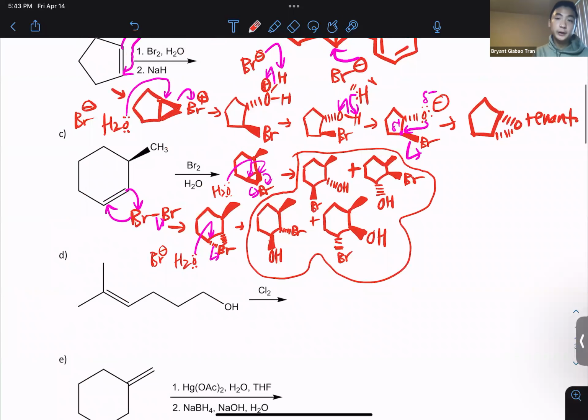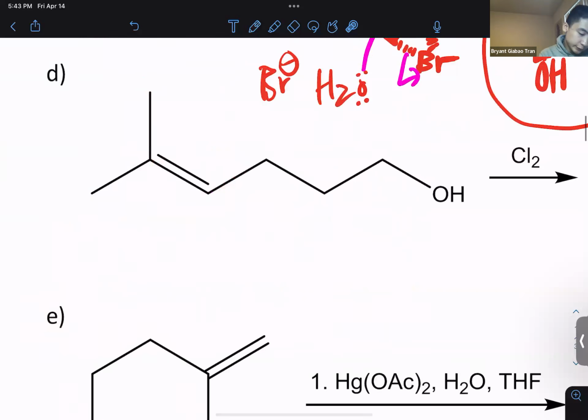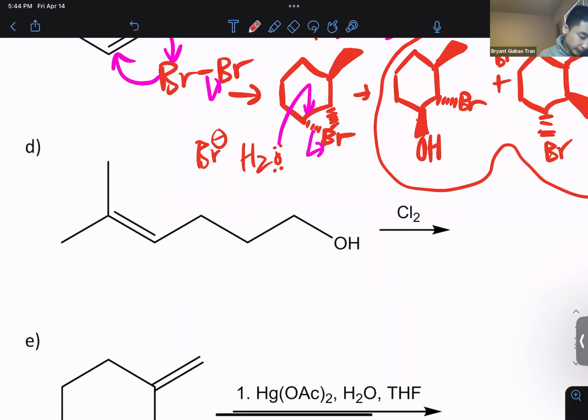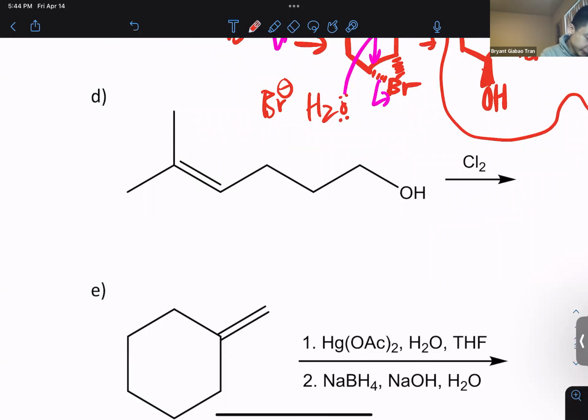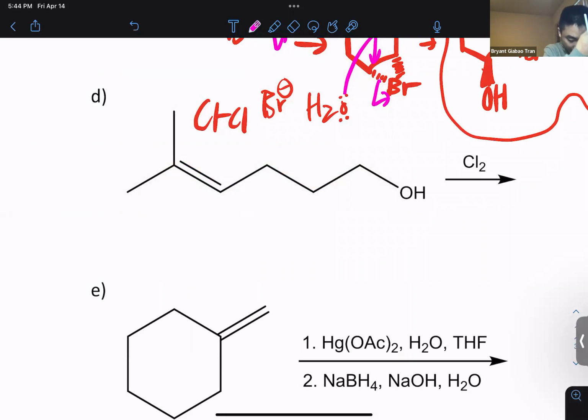Okay, now let's go over the next problem. We see here that we have an alkene with Cl2 and no competing nucleophiles like water or alcohol in the solvent. But this is kind of a trick question, and I'll show you along the mechanism. So let's do the same mechanism here. The nucleophilic alkene will attack the chlorine as the chlorine becomes more nucleophilic and the alkene becomes less nucleophilic or more electrophilic.